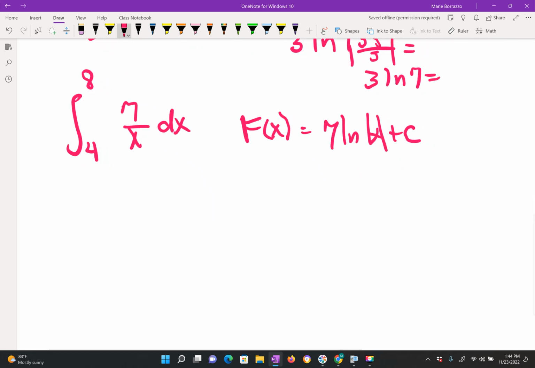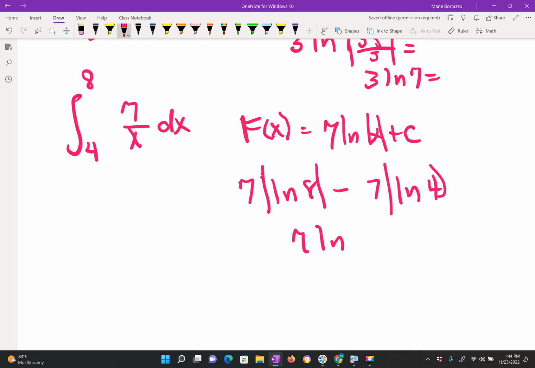And once again, we're looking at b minus a, so 7 natural log of 8 minus 7 natural log of 4. And so this becomes 7 natural log of 8 over 4, which would become 7 natural log of 2. And you can evaluate it as well, just like that.